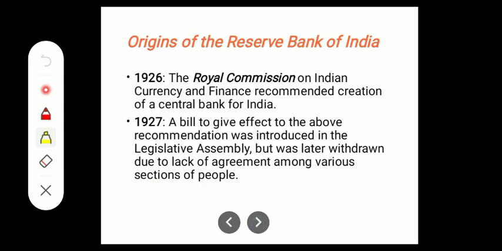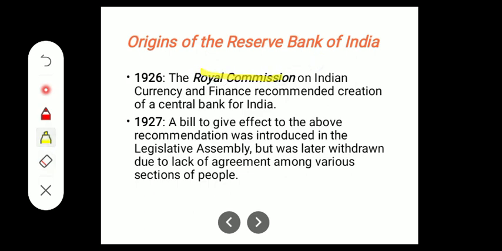Let's see the chronological order in which the establishment of RBI happens and its operations as well. Okay. The origin of RBI, Reserve Bank of India. In 1926, the Royal Commission, also known as the Hilton Young Commission on Indian Currency and Finance, recommended the creation of a central bank for India.